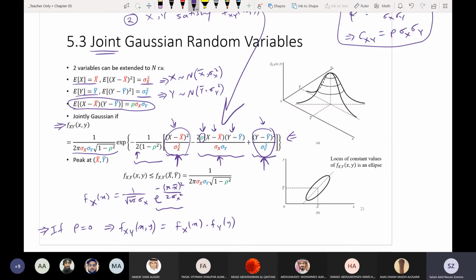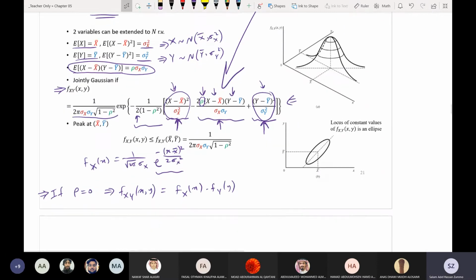Clear, guys? So what does this mean? It means that rho equals 0, meaning uncorrelated, right? Jointly Gaussian random variables x and y that are uncorrelated are also independent. If you remember, we said independent means uncorrelated, but uncorrelated in general has no relation to independence. Uncorrelated does not give us any information.